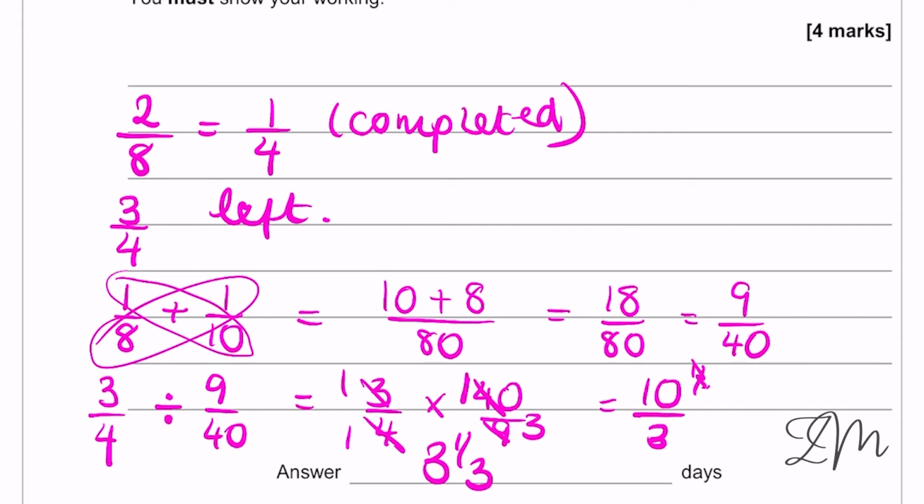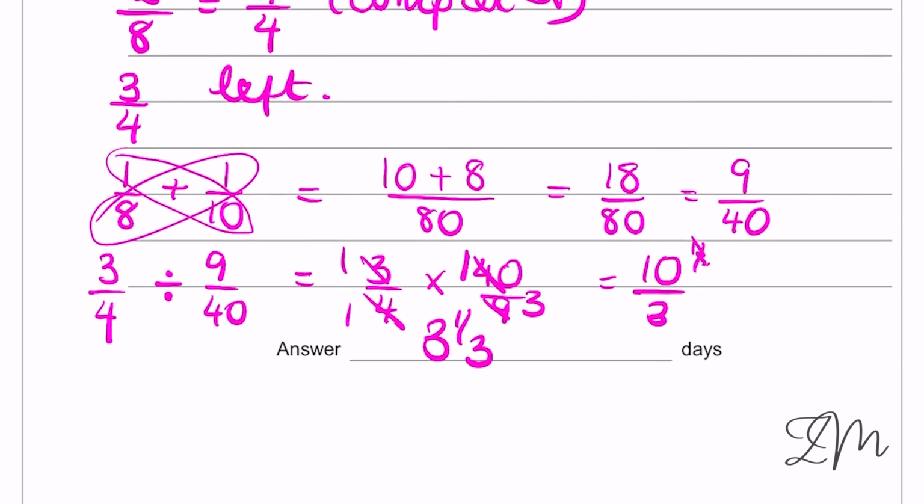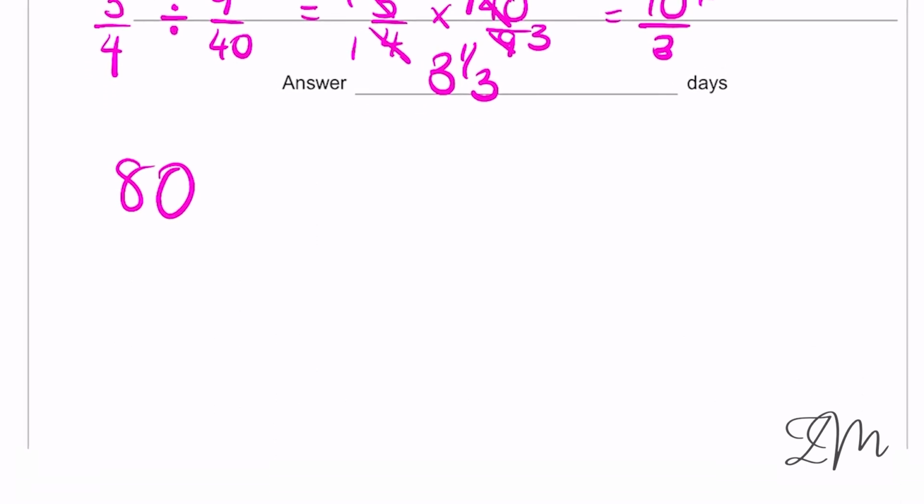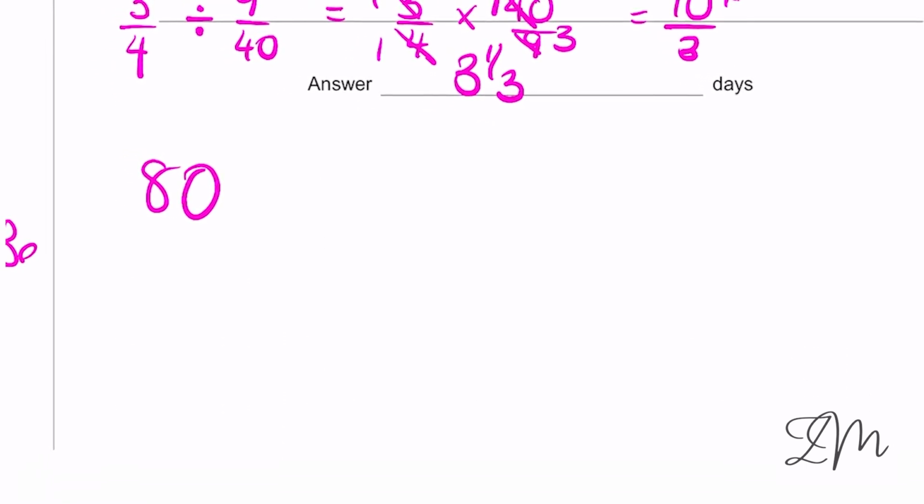Now, if that doesn't sort of make sense to you, pick a number. And the number that I would pick, let's, for example, say we've got a set of documents and the number of pages or the number of documents is 80. So we're going to say Beth starts on these 80 documents.